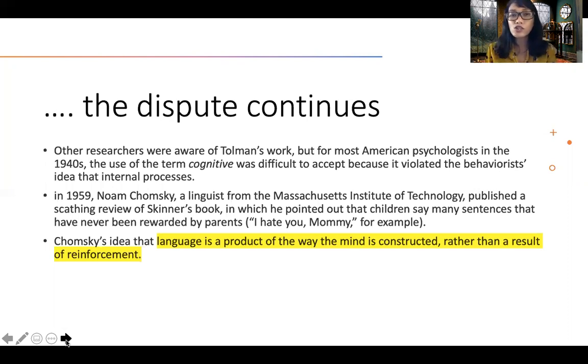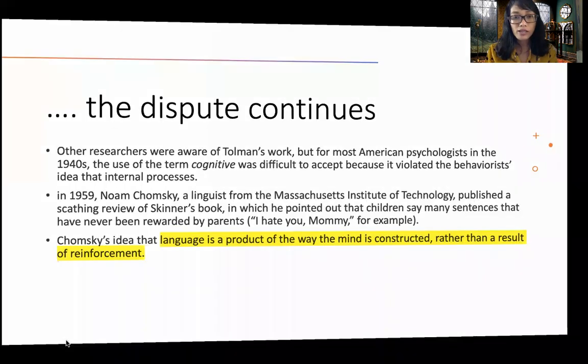These sentences were not positively rewarded by their parents, but the children are still able to learn that kind of language. So Chomsky stated that language is the product of the mind, which is constructed, rather than a result of reinforcement.